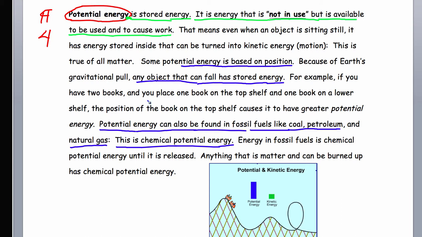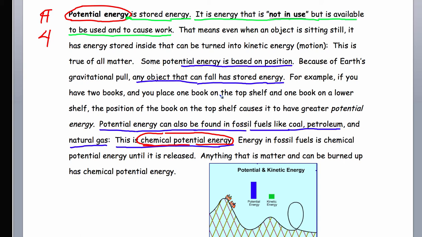Okay, so chemical potential energy. Energy in fossil fuels is chemical potential energy until it is released.